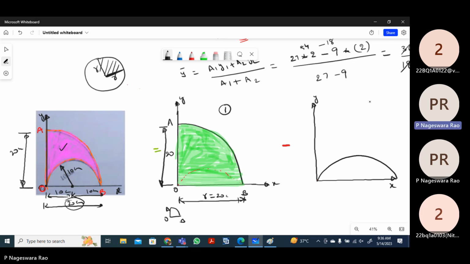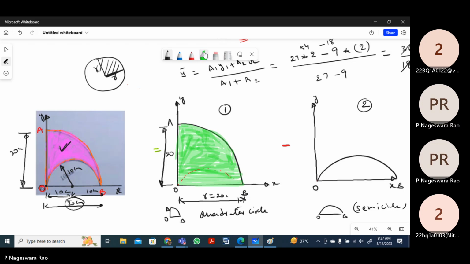This is the second area I need to remove. Then only can I get this shaded area. This point is O and this point is B, so I need to take the semicircular area OB and remove it from the quarter circle.